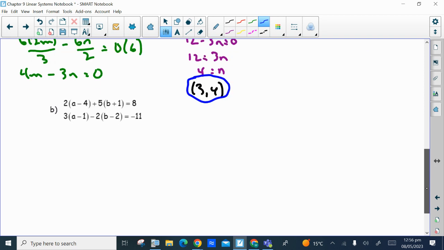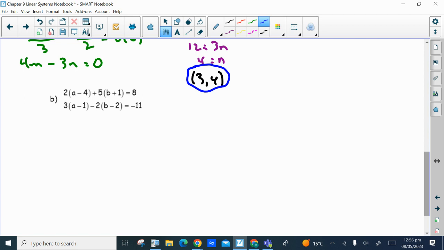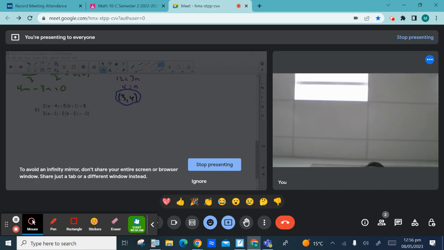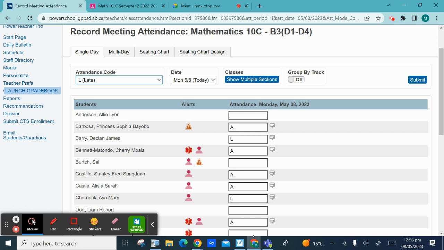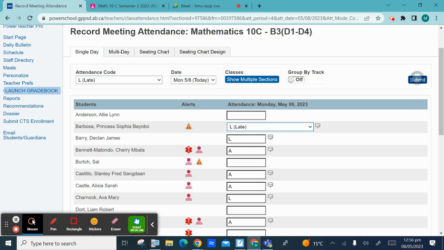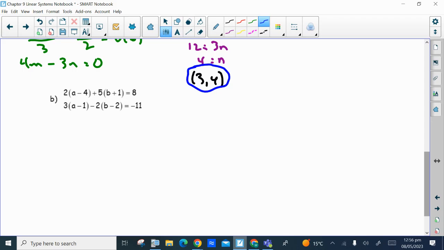And for the last one here, we need to multiply out the brackets first. So multiply out the brackets first.